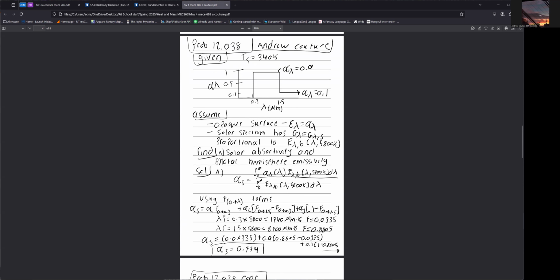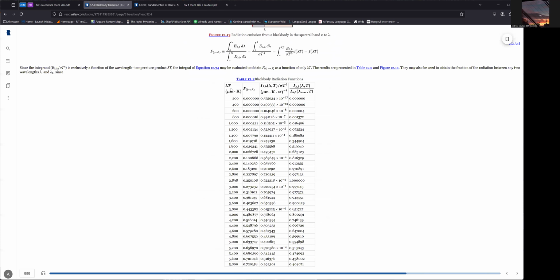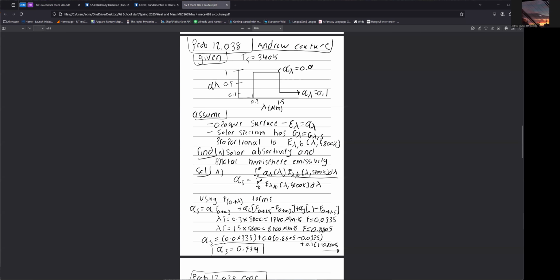To get the F value, we need to multiply the wavelength by the temperature, which in this case is that of the sun, so 5800 Kelvin. We have 0.3 as the maximum and 1.5 as the maximum.